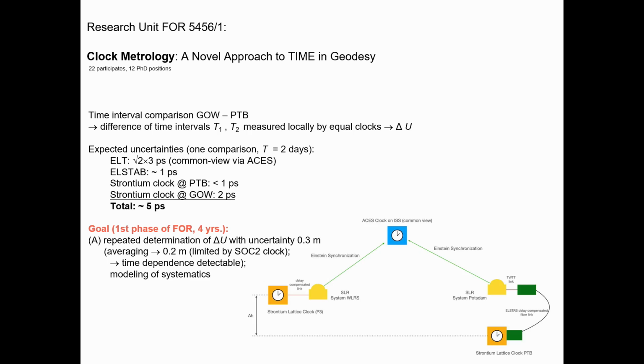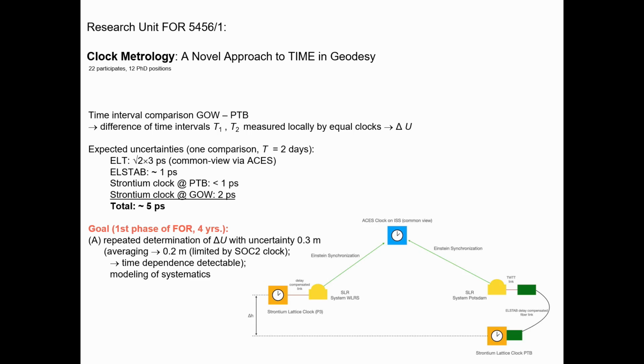Here are listed expected uncertainties, so we would like to do the optical time transfers through the ACES. I would like to highlight that ACES is still alive, we have a new date for launch, which was shifted to 2025.